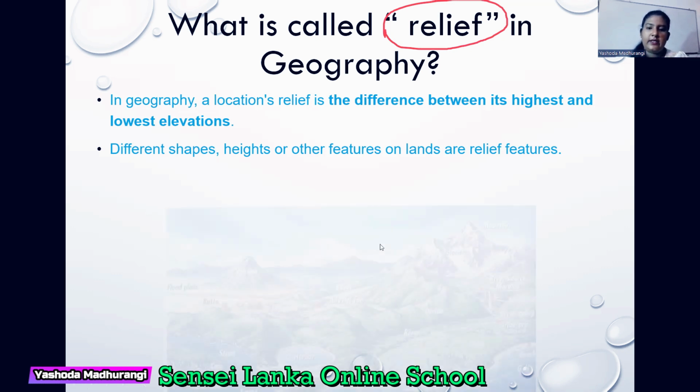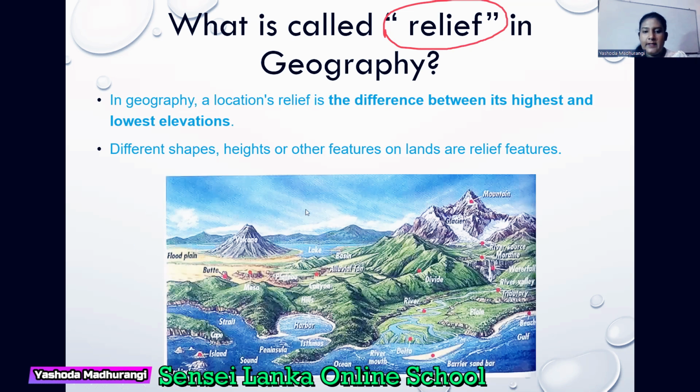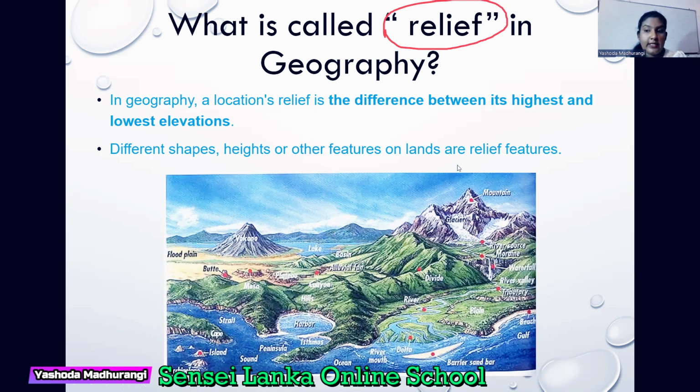Look at this picture, then you can understand. In this picture, on the land, you can see the relief features. What are they? Mountain, glacier, floodplain, island, peninsula, ocean, river mouth, delta, river, barrier sandbar, gulf, plain, tributary, river valley, waterfall.